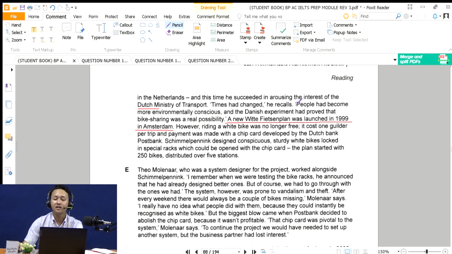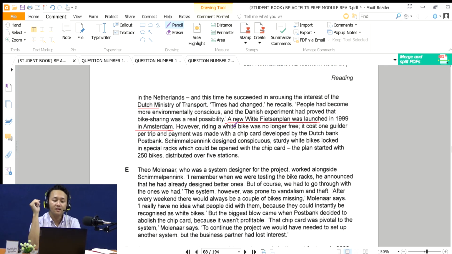And this time he succeeded in arousing the interest of the Dutch Ministry of Transport. Time had changed. He recalls people had become more environmentally conscious, and the Danish experiment had proven that bike sharing was a real possibility.